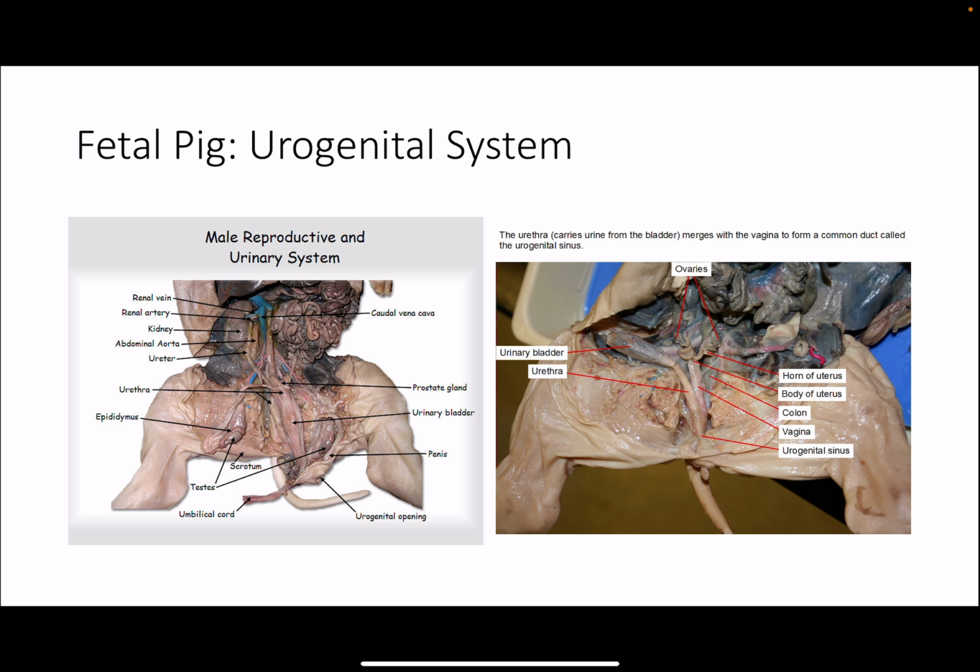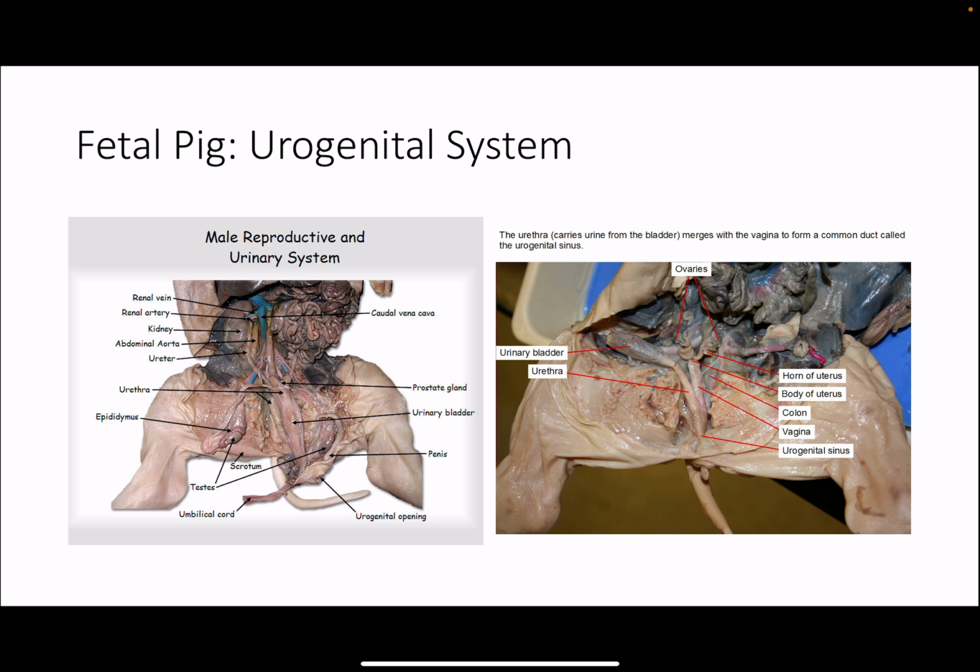So the other difference in the pig is that the vagina and the urethra merge internally so that there's actually one opening to the external environment, and this is known as the urogenital sinus. And then in the male reproductive system, it's very clear to see how the reproductive and urinary system are closely linked in the males, as the urethra is the single exit from the body through which urine and also semen travel.